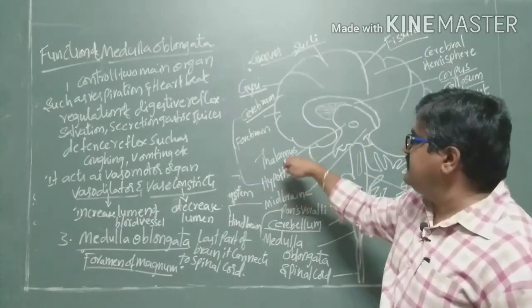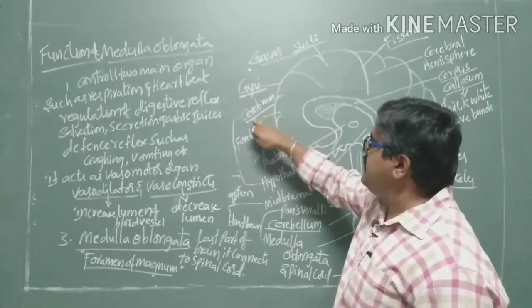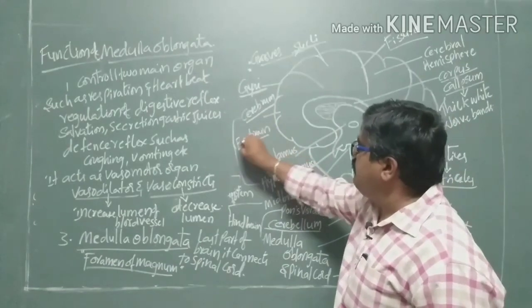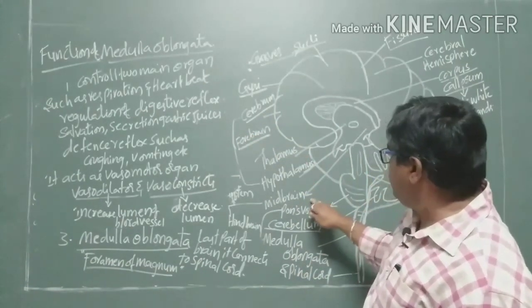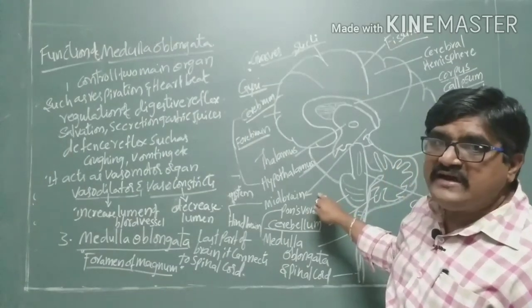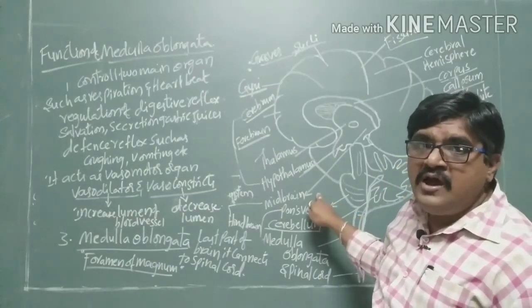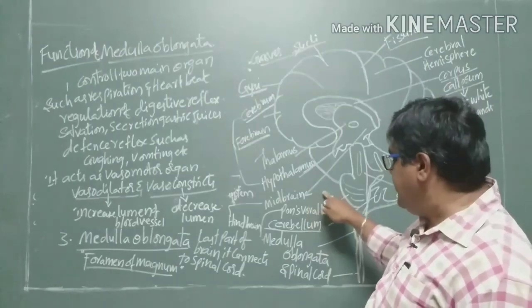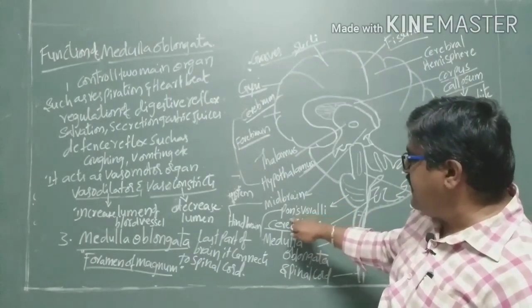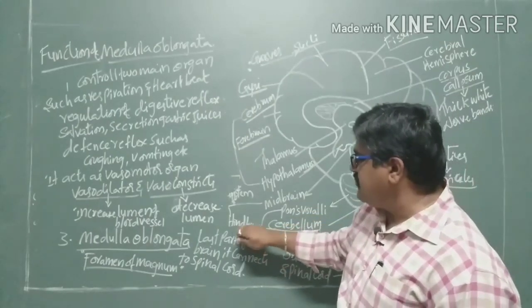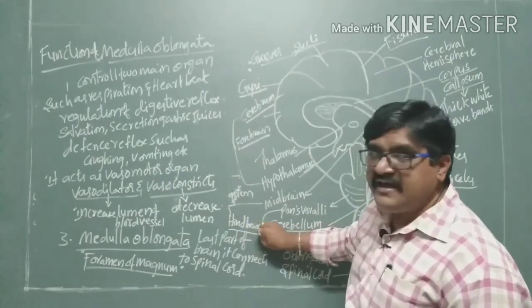The thalamus and hypothalamus together with the cerebrum form the forebrain. The midbrain consists of the crura cerebri as well as the corpora quadrigemina. The medulla oblongata, the cerebellum and the pons varolii, these three combine to form the hindbrain.